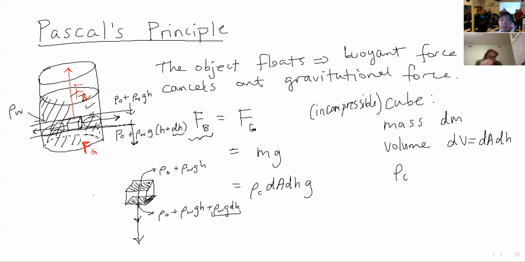And that means the object is compressing, but the object is assumed to be incompressible. Therefore, there has to be a force that counteracts this small force element that's acting on the bottom, right? So that's what creates a small dFB, which is the buoyant force.